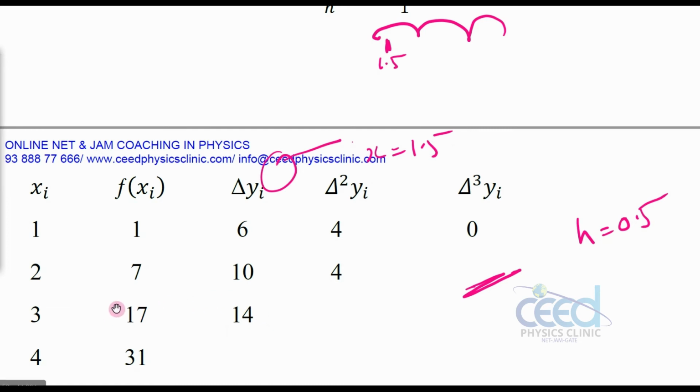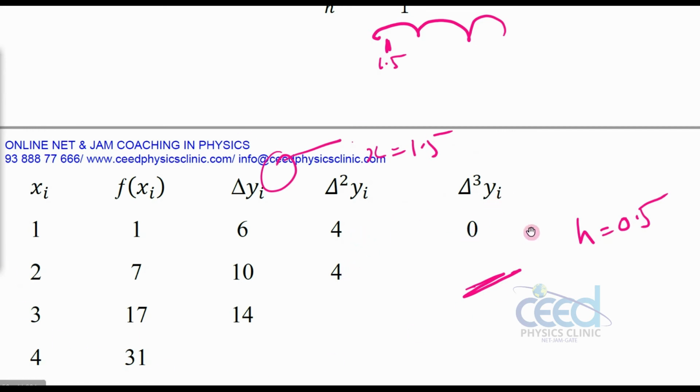Then delta square yi, the next consecutive differences: 10 minus 6 is 4. 14 minus 10 is 4. Now the next, delta cube yi, that is 4 minus 4, that is 0.